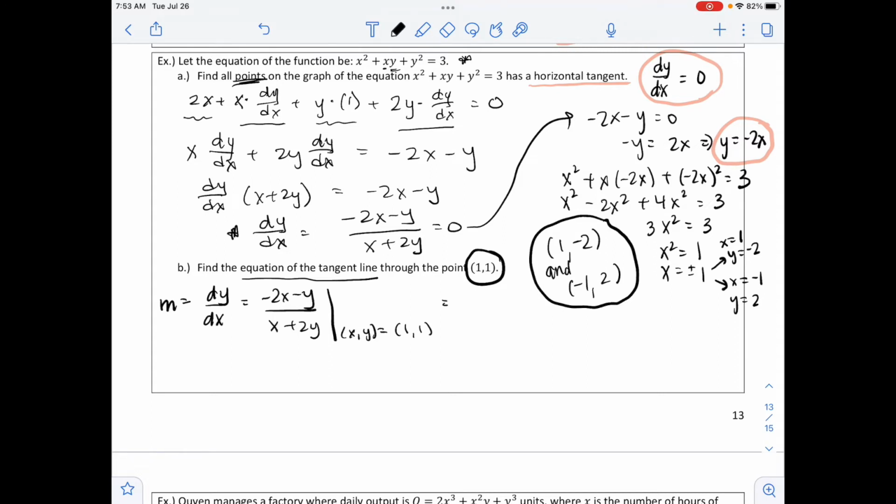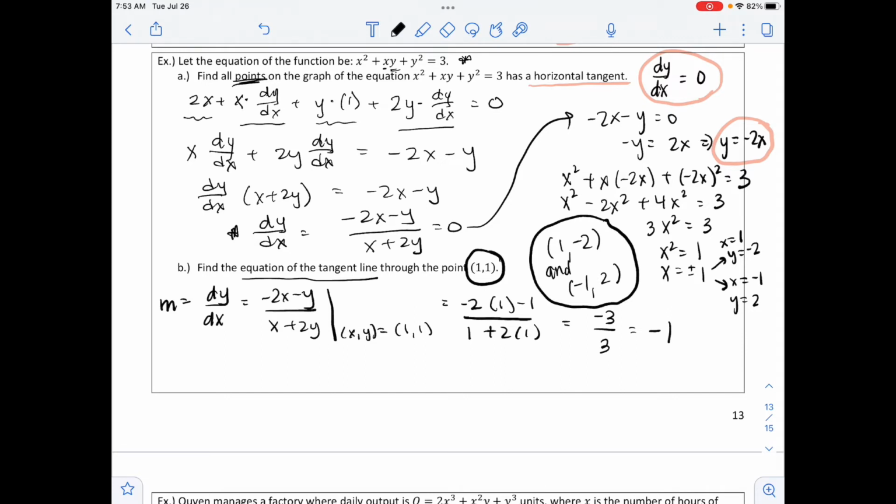So every time we see an x or a y, we put a 1. And so this works out to be negative 2 times 1 minus 1 over 1 plus 2 times 1. So the numerator is negative 2 minus 1, or negative 3, over 1 plus 2, and the denominator 3. So our slope at point 1, 1 is going to be equal to negative 1.